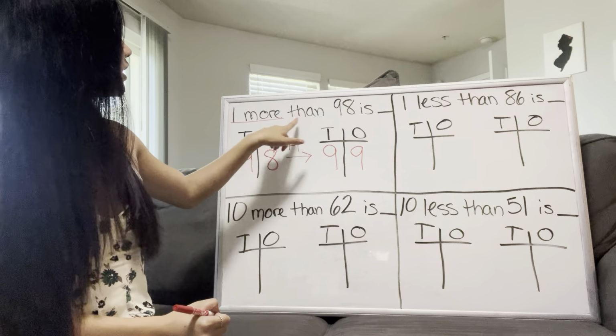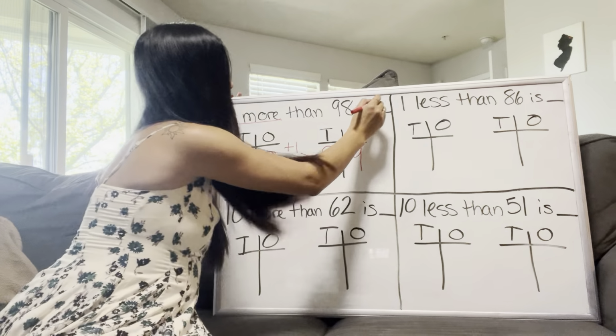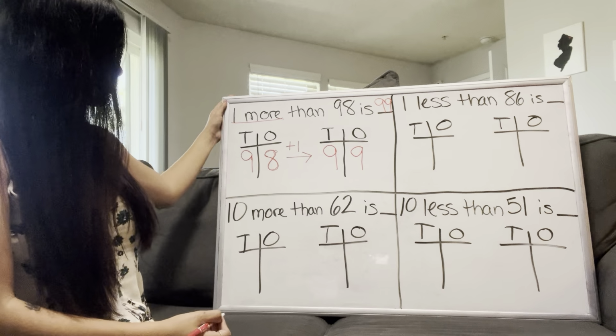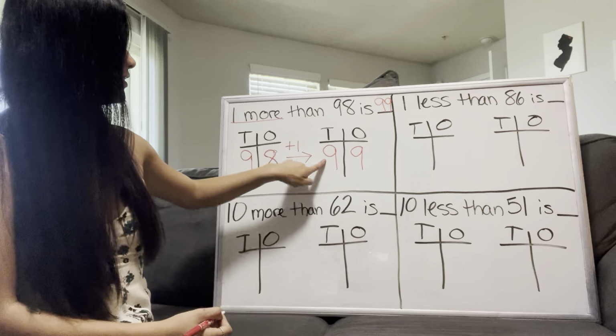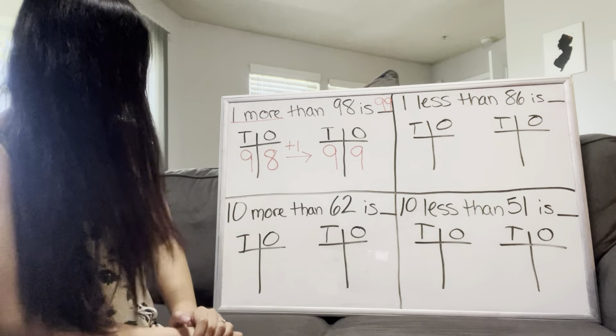So 1 more than 98 is 99. And 99 is 9 tens and 9 ones.